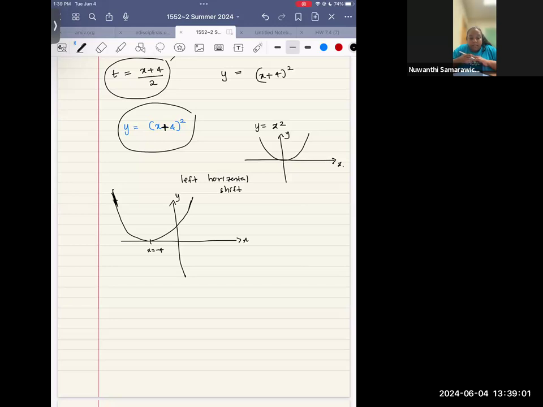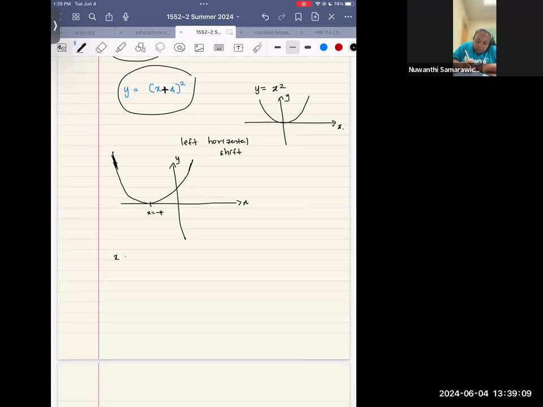So for that, we need to know the t value. So let's find that. Now we need to know the direction. So we need to find in which path the t is increasing.